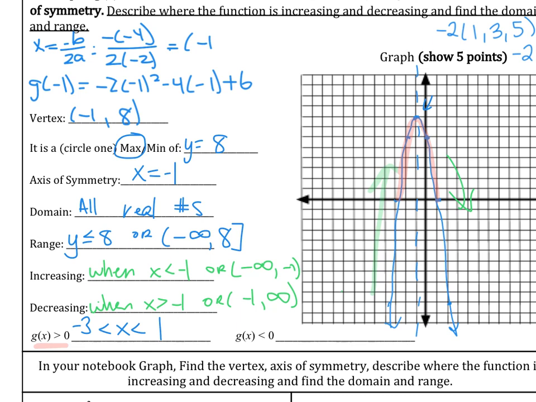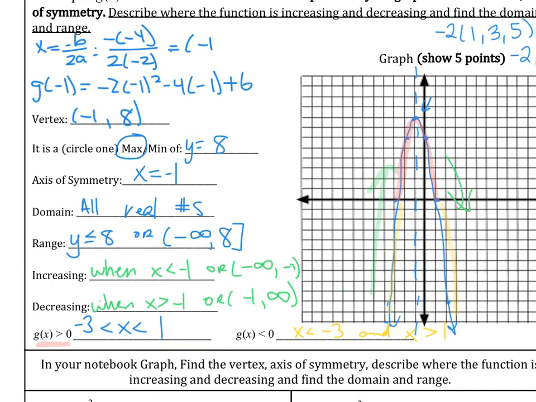Then we look at when it is below the x-axis here. Here, we're looking at when the y values are negative, right? So that's when it's below the x-axis. So we know that is when x is less than negative 3 and when x is greater than positive 1.